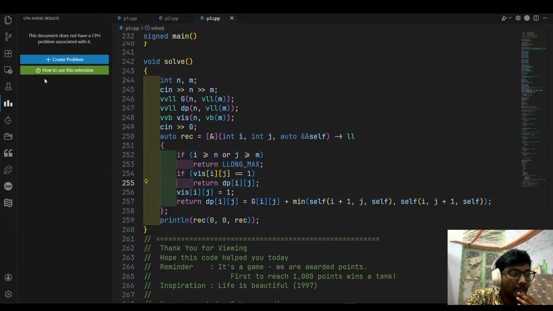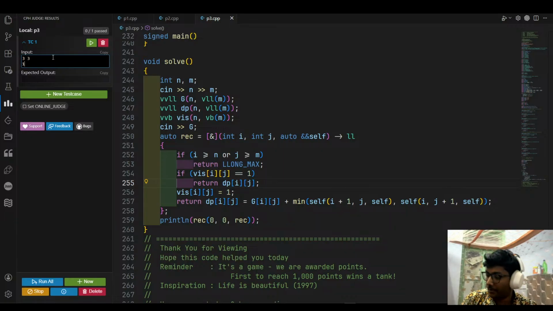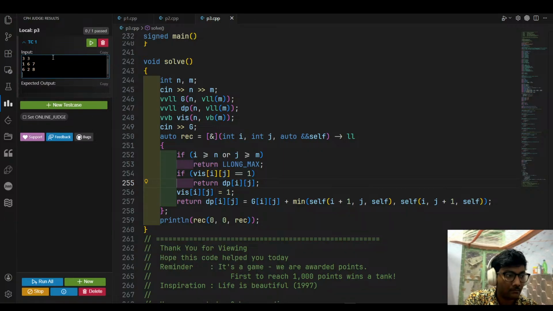Let's try to print for a small grid, maybe 3 by 3 grid. Let me put some common values. I think I have it saved. So 158, 627, 167, 628, and maybe 917.